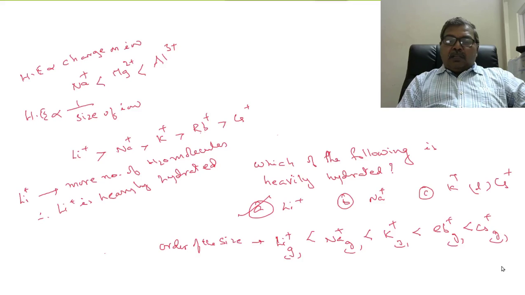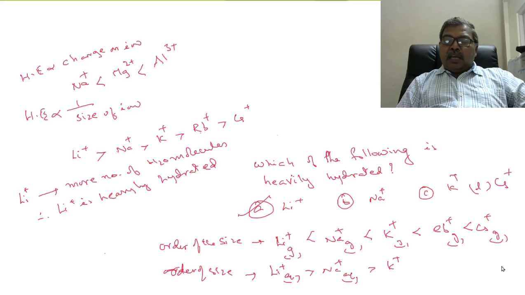Now, what is the order of size in aqueous solution? Li+ aqueous is larger than Na+ aqueous, larger than K+ aqueous, then Rb+ aqueous, then Cs+ aqueous. Very, very important. In the gaseous state, the normal atomic size order and ionic size order are the same.